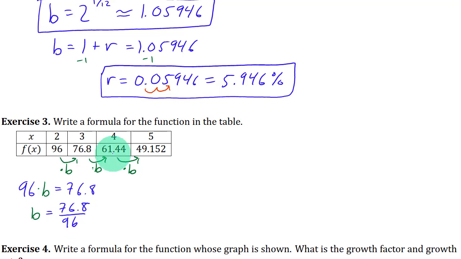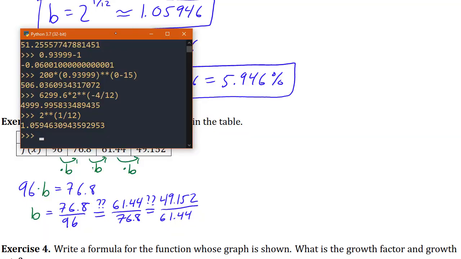And if it's the same b that you multiply every time, we want to know, is that equal to the next one, 61.44 over 76.8? This was the way of checking to see if a function is exponential that we went over in 6.1. So that's what we're going to check here.